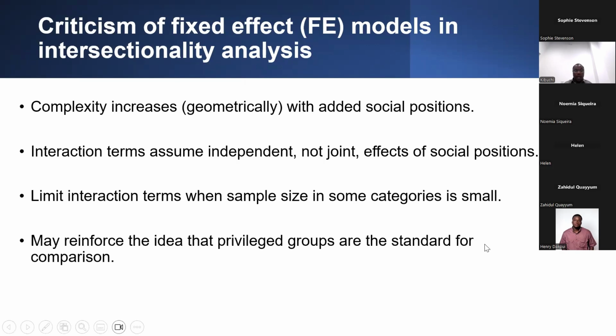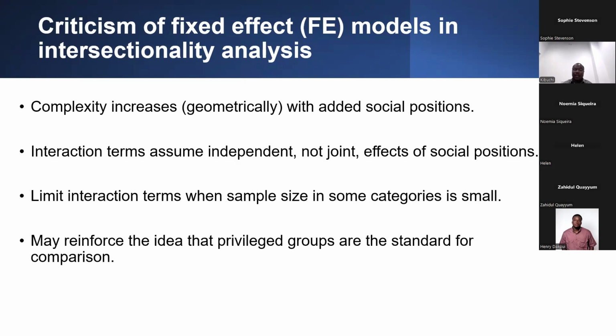Then another key thing, and this is very important, the fourth one. When you are looking at intersectionality, it's mostly to get the notion of which groups are more vulnerable, which groups are more marginalized in the context of the whole population or the sample you are considering. When you use the interaction-based approach, you have to select the reference category, and you can say the reference category is male.